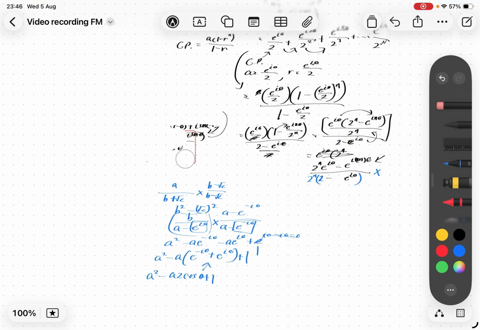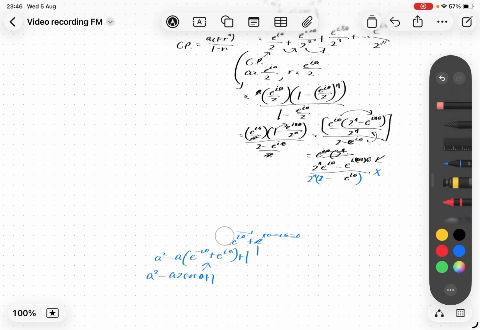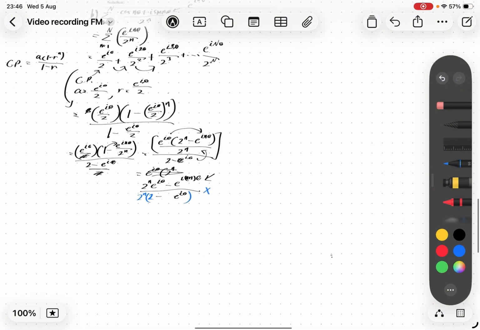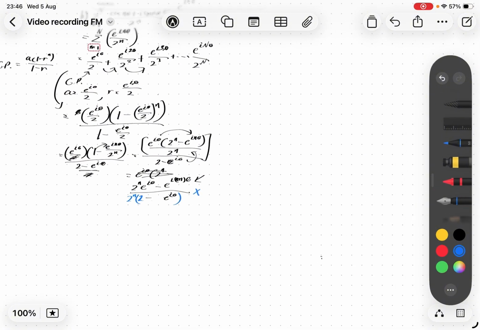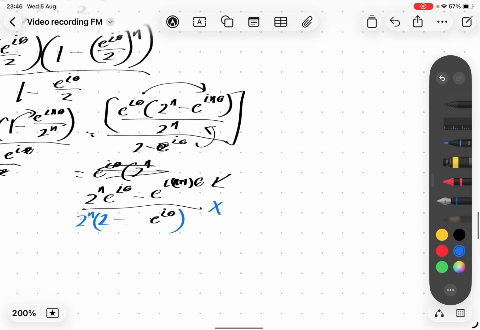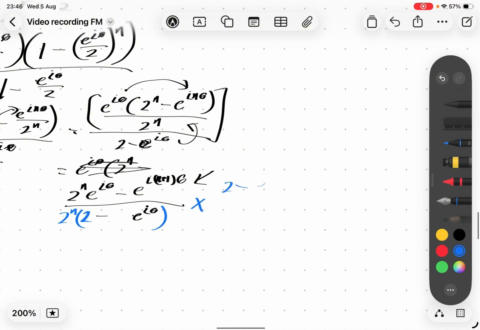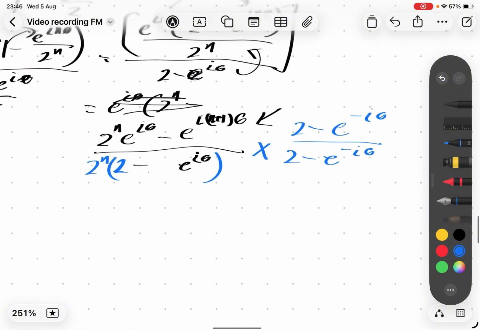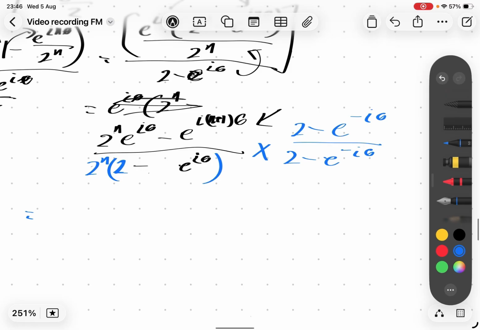So instead of the normal conjugate of like a minus b and then become a plus b, now it's positive iθ become negative iθ. So 2 minus e^(-iθ) over 2 minus e^(-iθ). Okay, and then I just expand the whole thing. So this times this, 2n plus 1 e^(iθ), and then blah blah blah, negative 2n.